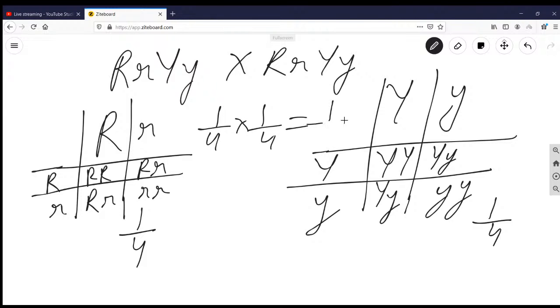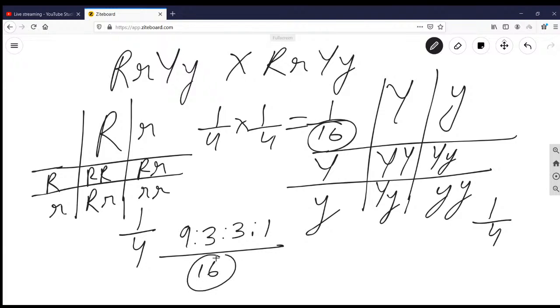How much will I get? 1/16. And that is what I was getting there also, because if you add the ratio 9, 3, 3, 1, 9 plus 3, 12 plus 3, 15 plus 1, 16. So out of 16, only one is small r, capital Y.